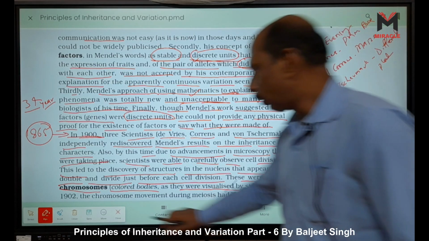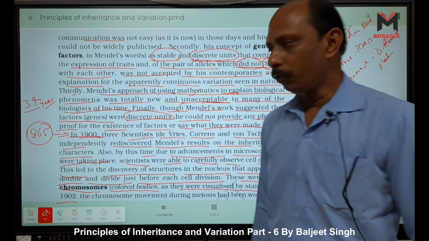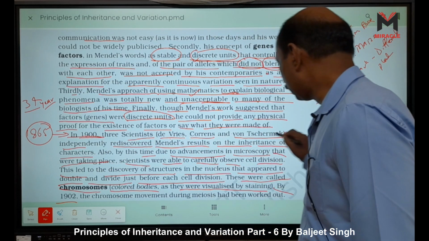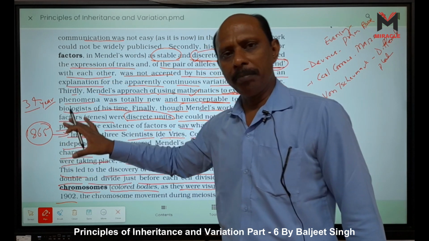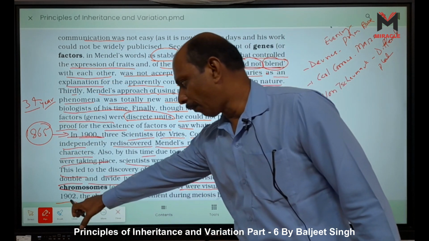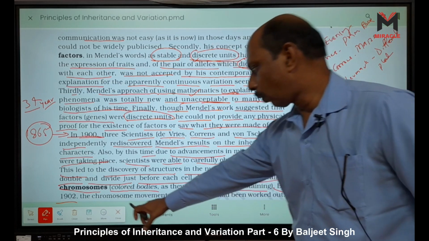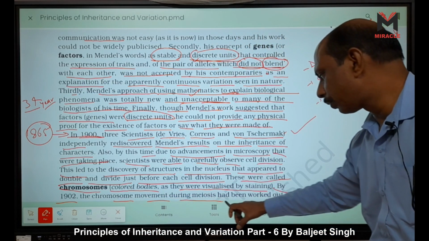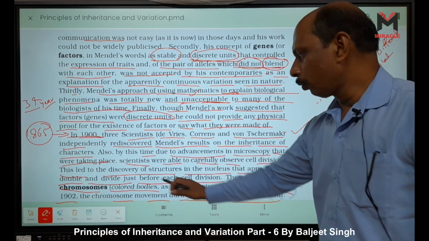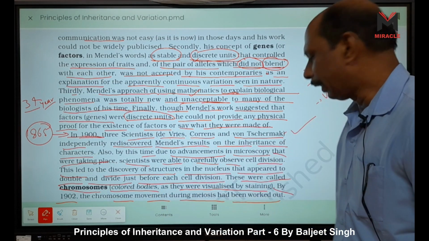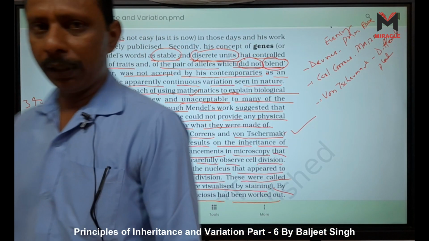By 1902, after 1900, these three scientists had rediscovered Mendel's experiments, right? In 1902, the chromosome movement during meiosis had been worked out. Meiosis, you know, is reduction division.